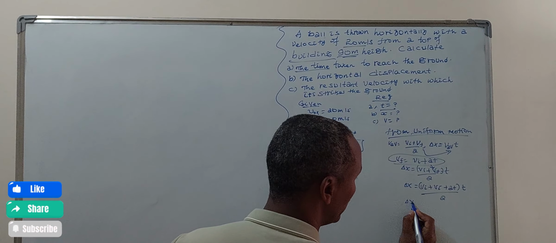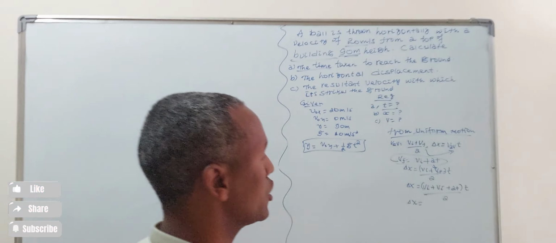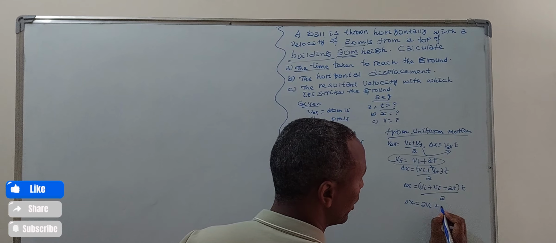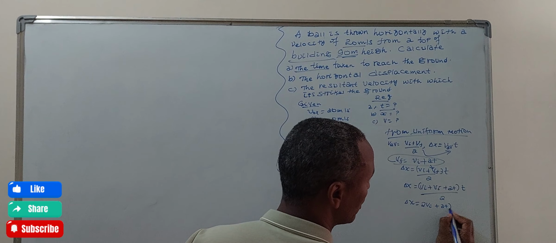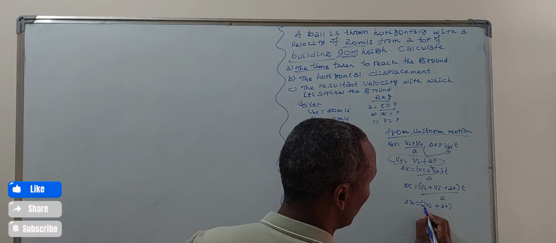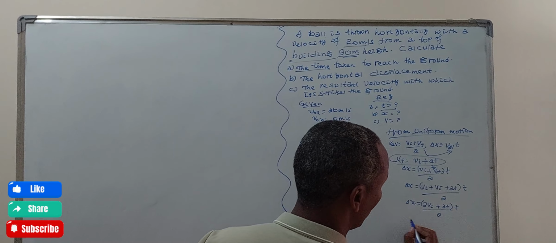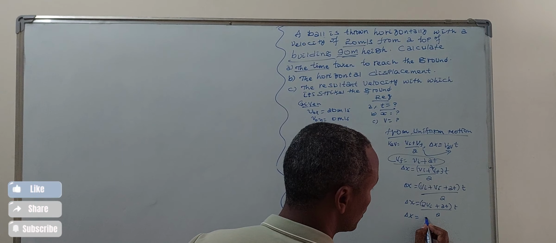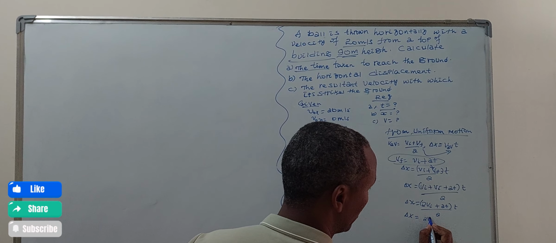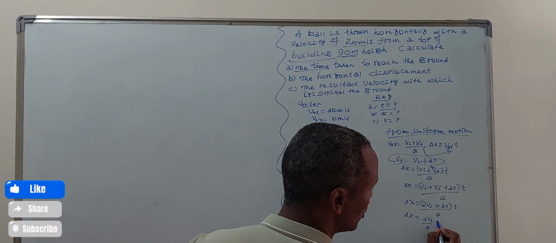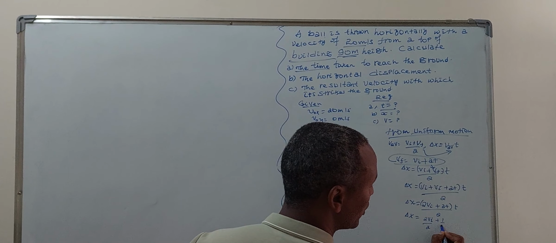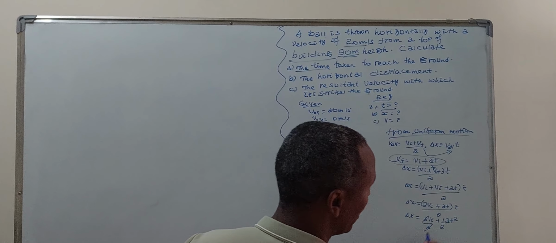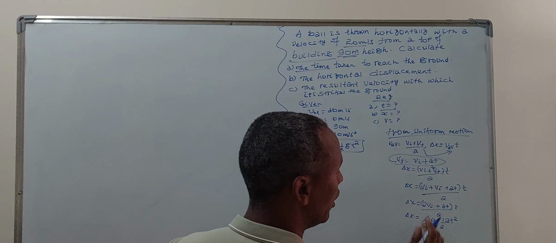So change in x is equal to 2 v initial times t upon 2 plus 1 over 2 a t squared, right? So this term is cancelled with this one, and then we have time basically.